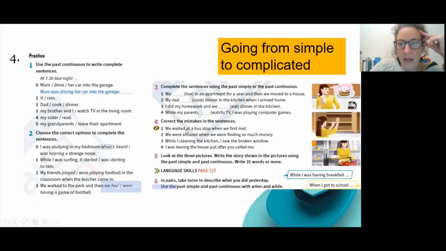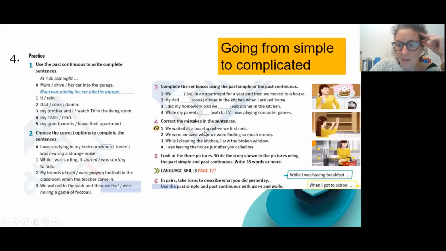Here we have open the gaps, but then correct the mistakes. And the exercise is taken from Cambridge English Corpus, which is a database of all the possible most widespread mistakes students make during the exams. So these mistakes are very common.